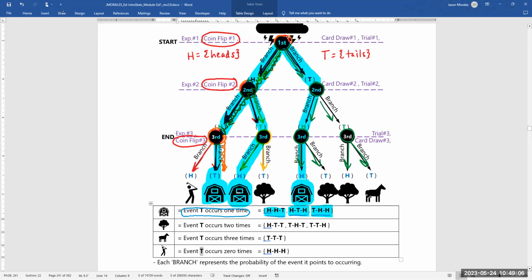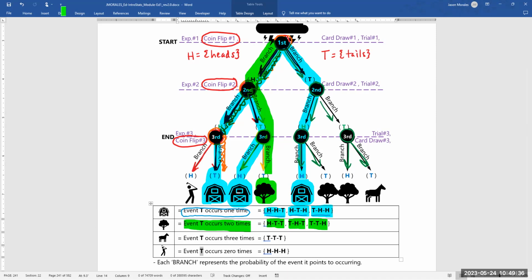Okay, so let's look at maybe this event where tails occurs 2 times. So we've got heads, tails, tails; tails, heads, tails; and tails, tails, heads. So let's see if this doesn't get too confusing with this many colors. So we could have had heads, tails, and then tails again.